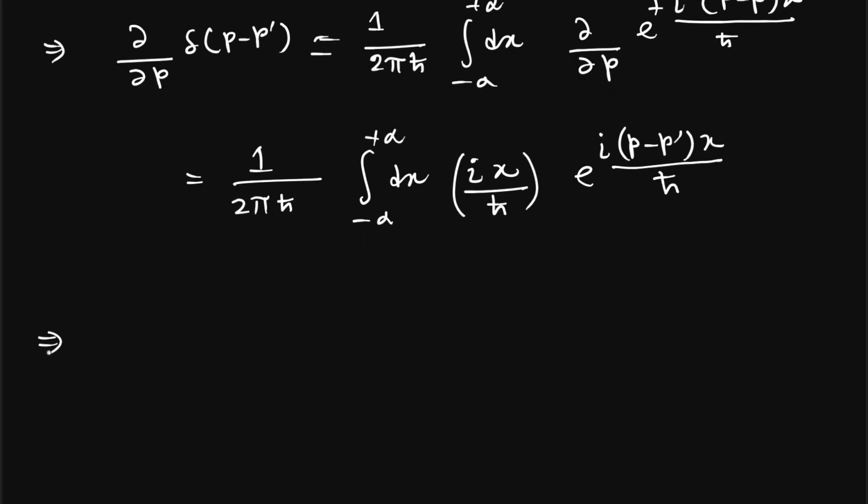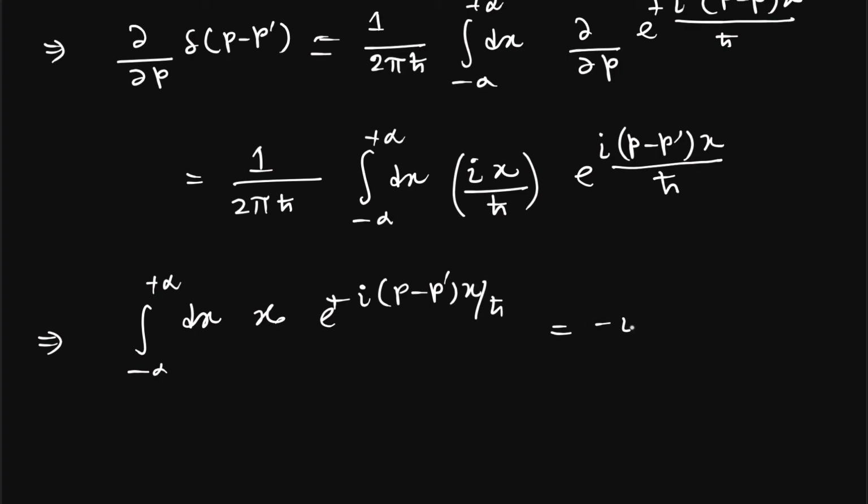That means minus i by h cut times 1 by 2 pi h cut, the integral of dx x e to the power minus i p minus p prime x by h cut, is equal to del p delta p minus p prime. So the integral is equal to i h cut del p delta p minus p prime.